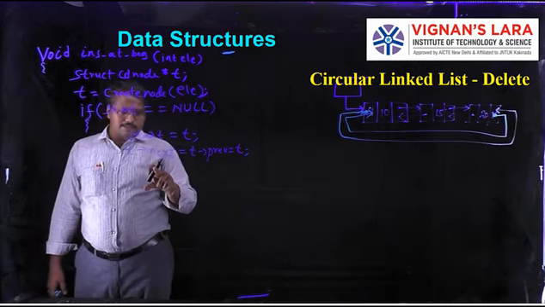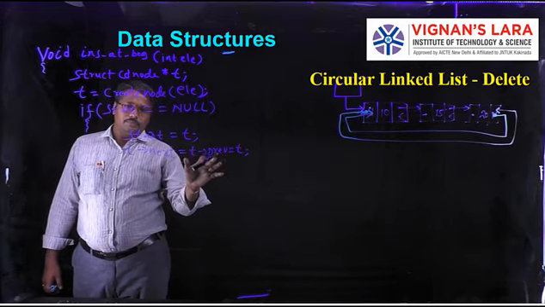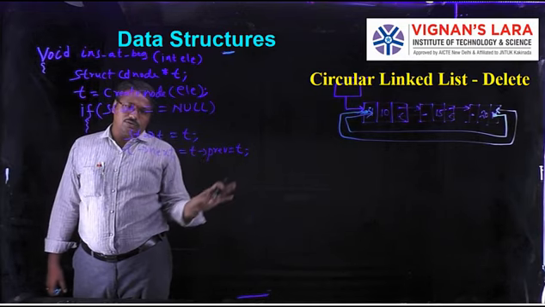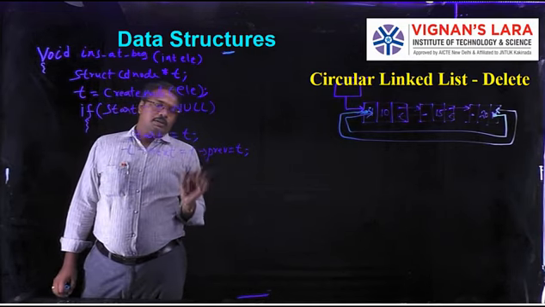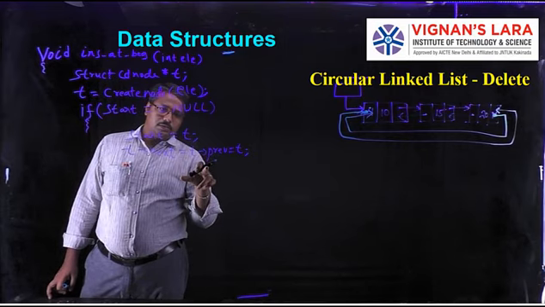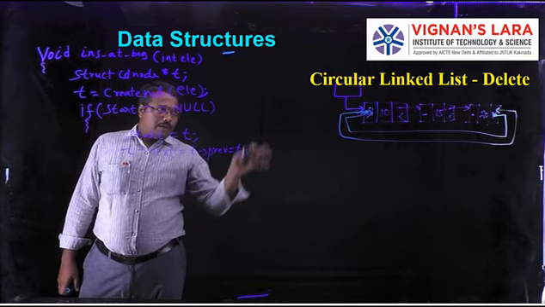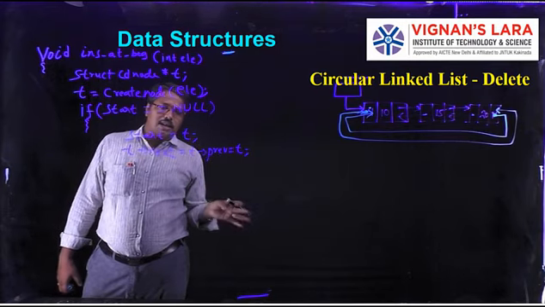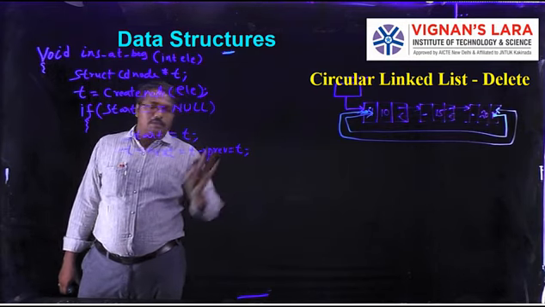The first node address is T, so T of next also has the first node address, that is T. T of previous has the last node address. Whenever a circular linked list has one node, that is the first node and that is the last node. So the same node address, that's why I am copying T.